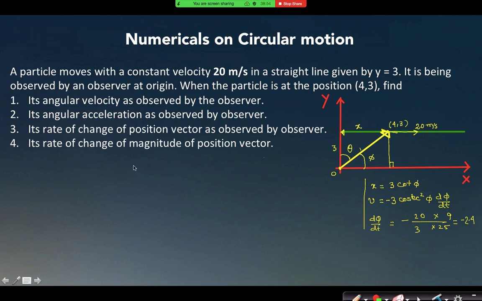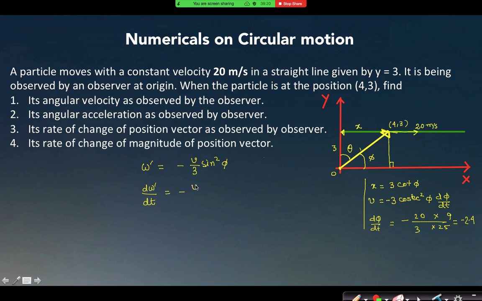Look what I have written here. Now it is d phi by dt, or suppose it is omega prime. Omega prime is equal to minus v by 3 sine square phi. So what is d omega prime by dt?